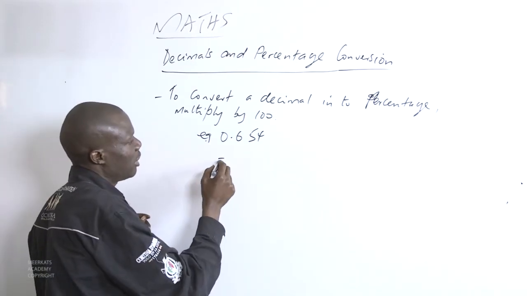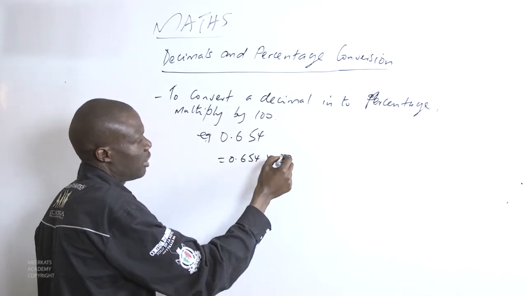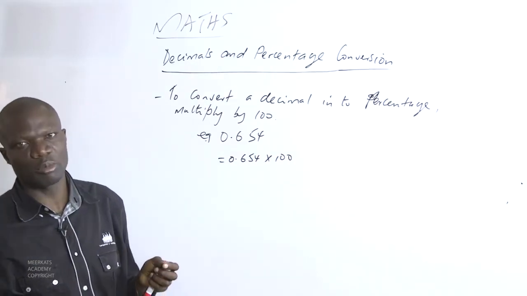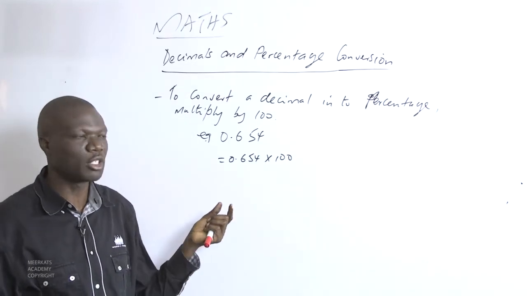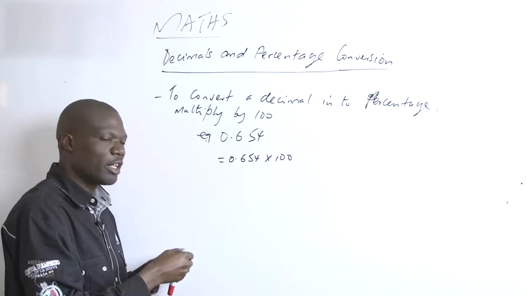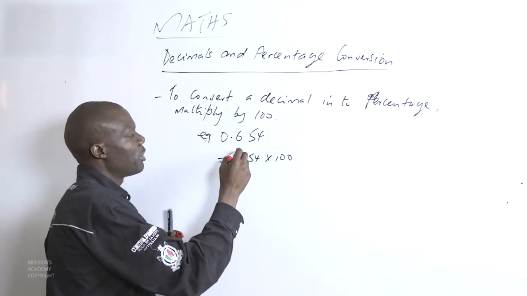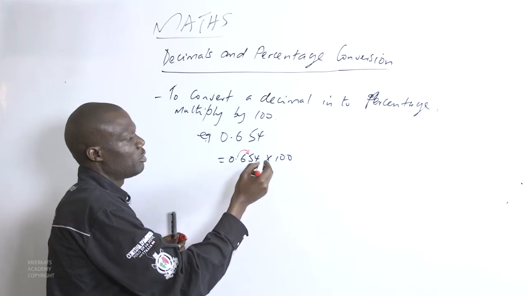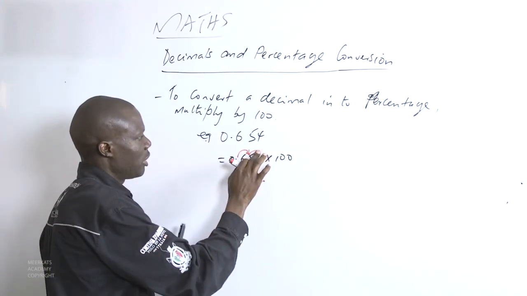So it will be taken as 0.654 times 100. And as we are multiplying, it is very simplified in this particular case because this time round, we only require to move the decimal point two times to the right.